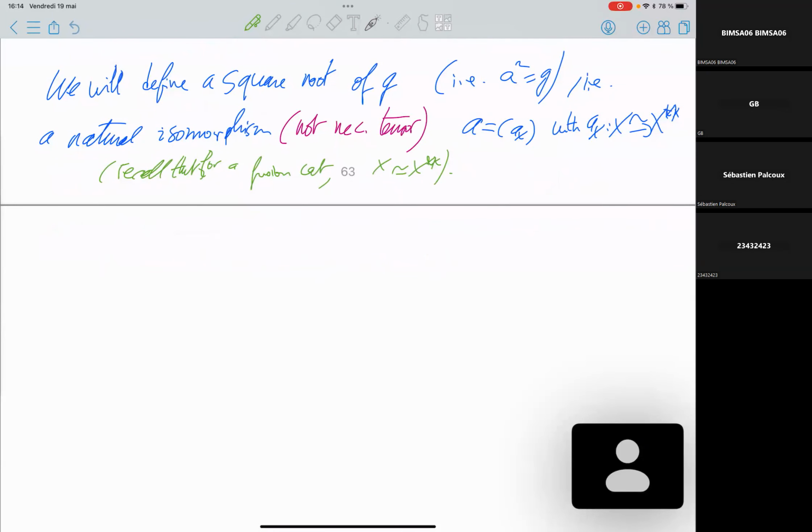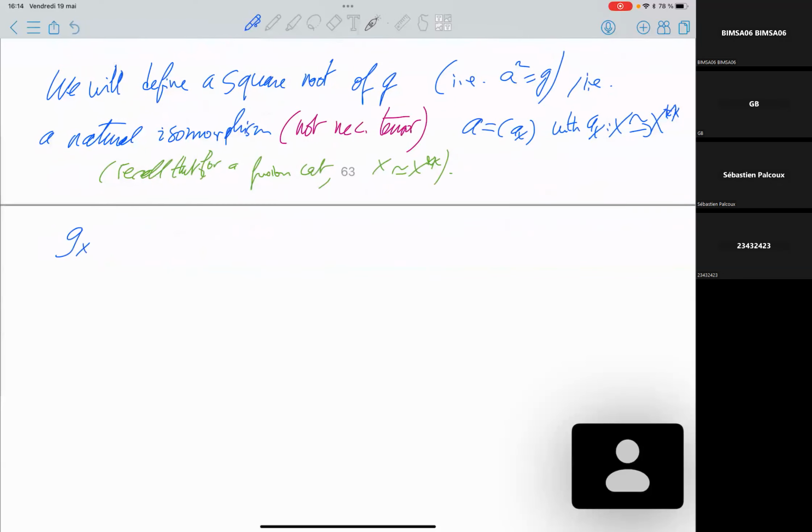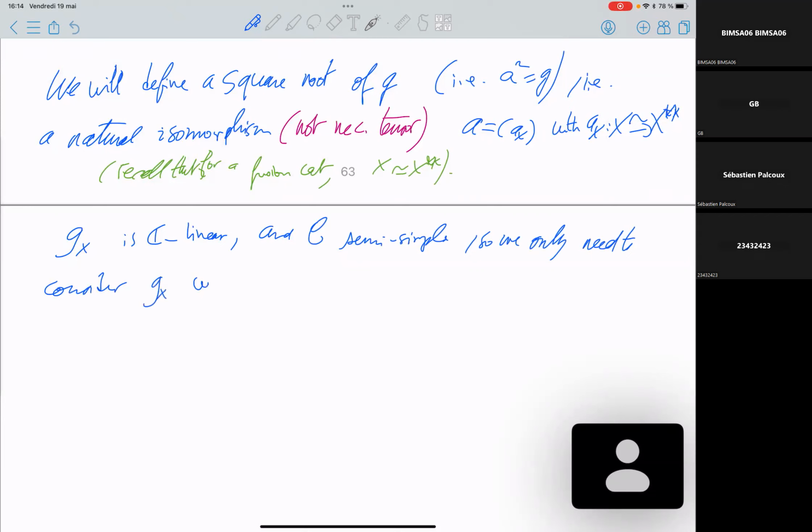Semi-simple category. At least for fusion, it's okay. So this isomorphism G_X is C-linear, and the fusion category is semi-simple. So we only need to consider G_X with X simple.